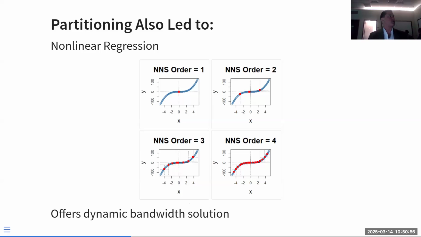So kernel regressions, through cross-validation, leave one out, typically have a static bandwidth across the support of the regressor. This is very dynamic because it's data-driven, and based on where the observations are, it will partition that space only.